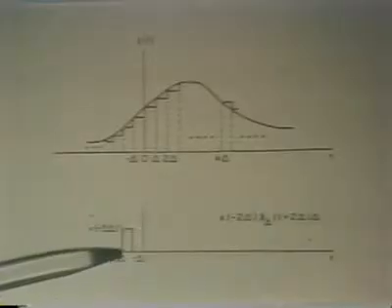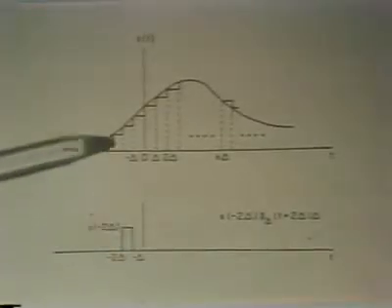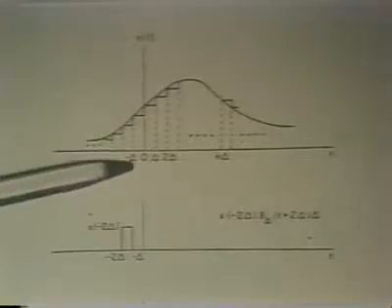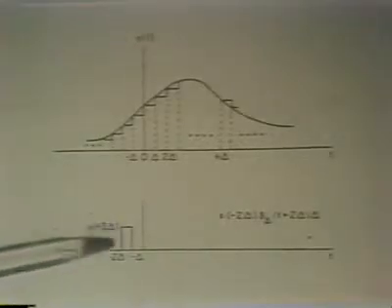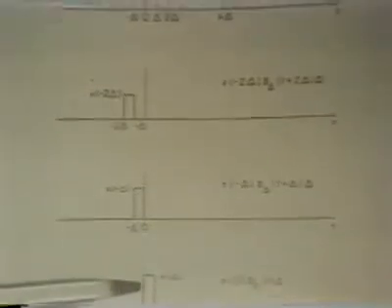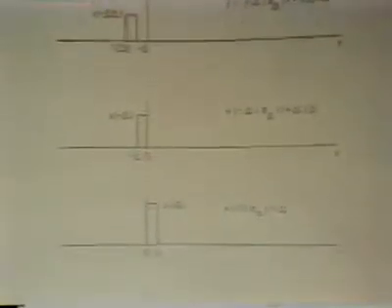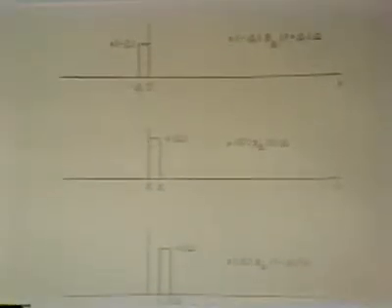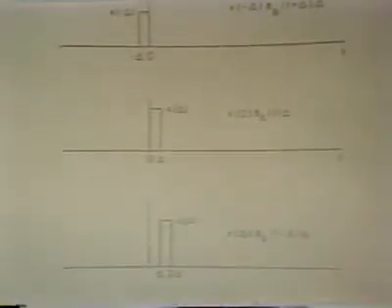Here, for example, is the impulse corresponding to the rectangle between t equals minus 2 delta and t equals minus delta. Here's the one from minus delta to 0. And as we continue on down, we get impulses, or rather rectangles, from successive parts of the waveform.